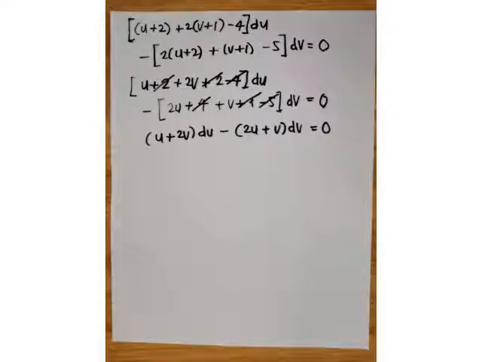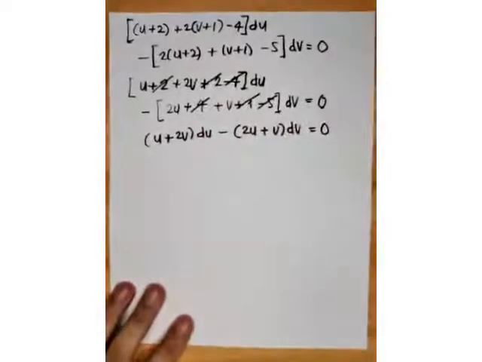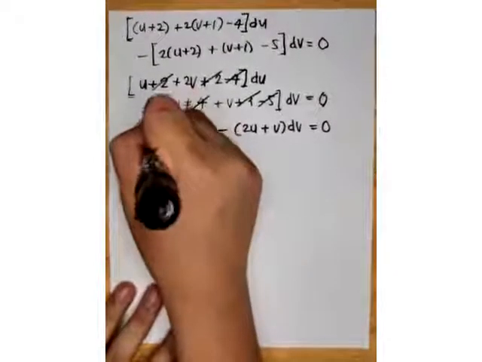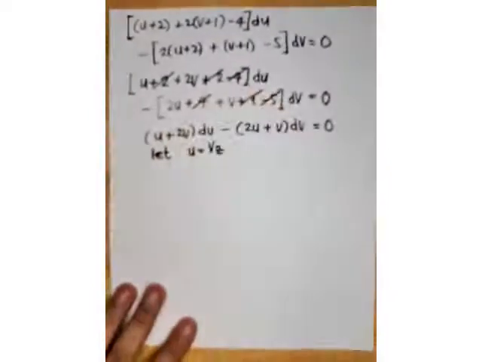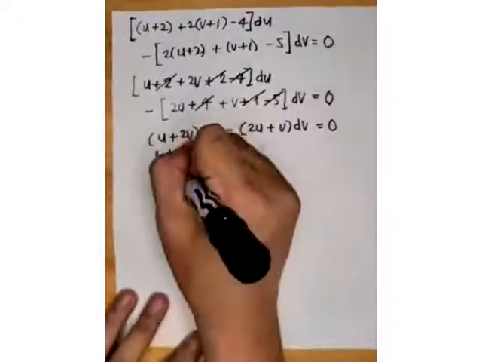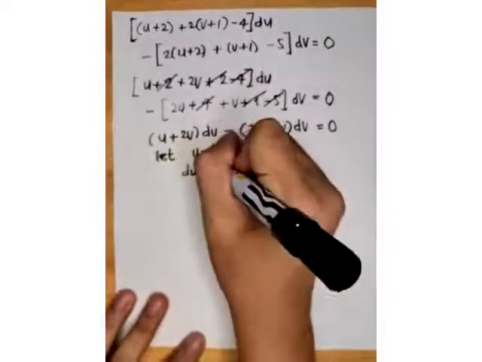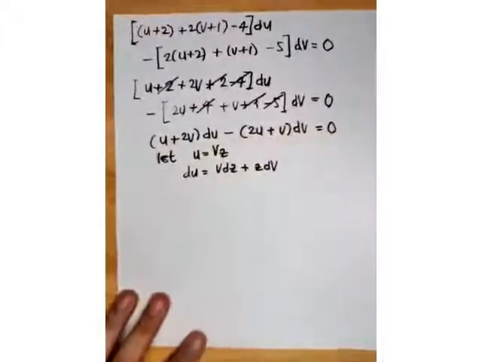Okay. So we will introduce a new variable. So we cannot be using v again. So we let u is equal to vz. So we'll introduce a new variable z. Ayan, yung z. So du is equal to v dz plus z dv.